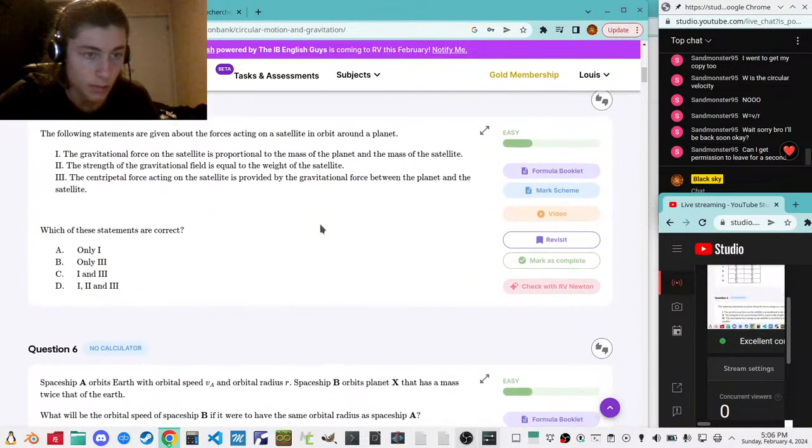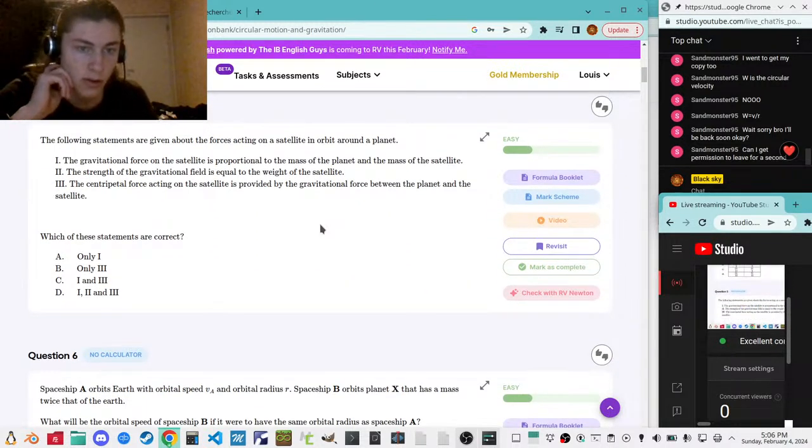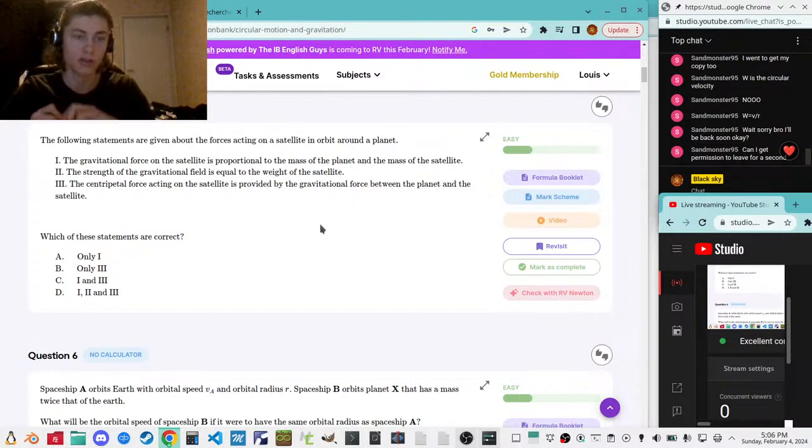So, yeah. The following statements are given about the forces acting on a satellite in orbit on a planet. The gravitational force on the satellite is proportional to the mass of the planet and the mass of the satellite.